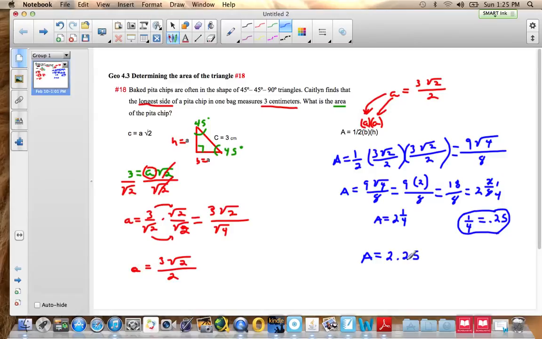Let me change the color so you can see. So when this is all said and done, the reason it becomes a decimal is because this 2 right here is this 2, and then the 1/4, which I showed you right here, is going to be equal to 0.25. And that's why right here you have the 0.25.